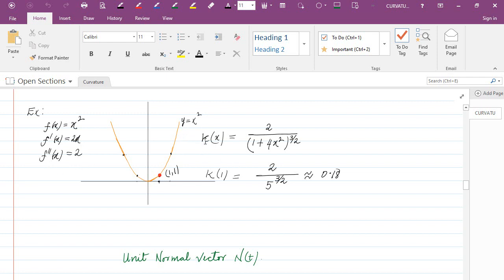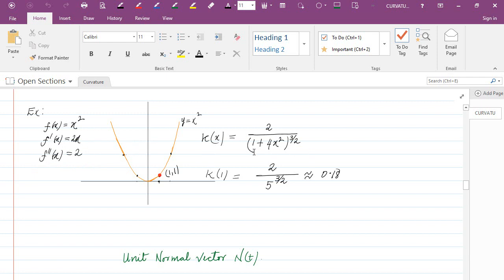So the curvature at this point where x is 1, kappa of x, would be, remember, the absolute value of f double prime of x, which is 2, divided by 1 plus f prime of x squared, to the power 3/2.